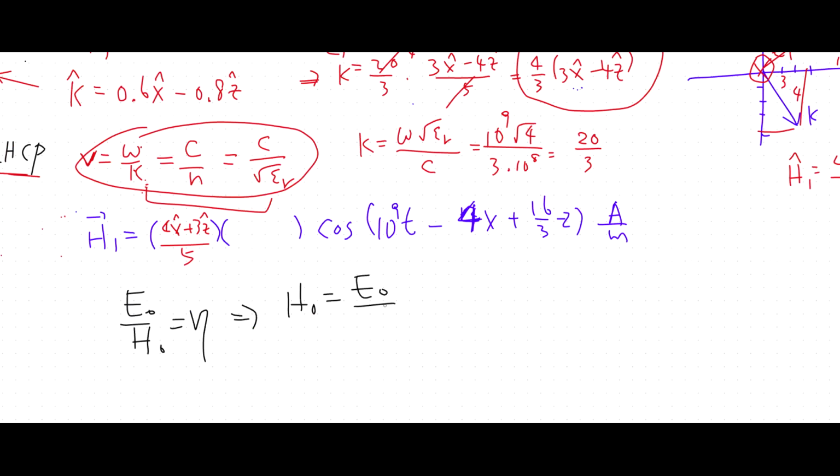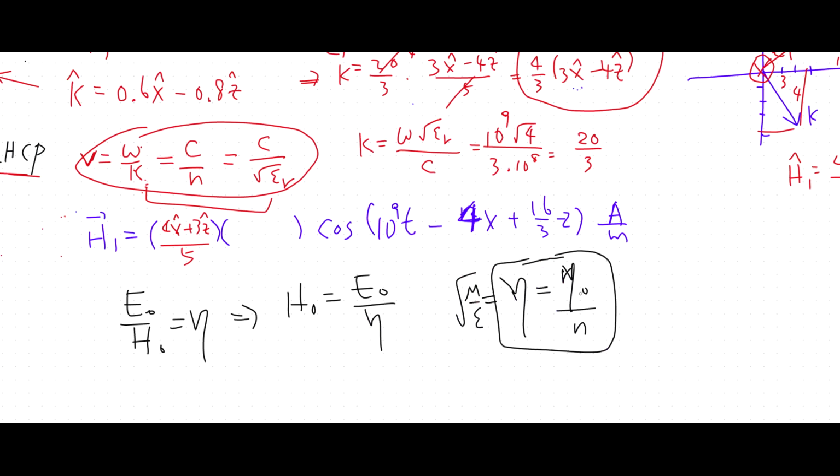But what is eta? It's complicated. Square root mu over epsilon. But, oh, not to worry. We say eta is eta naught divided by n. Right? Eta is square root of mu over epsilon. I say try to use eta naught as much as possible.